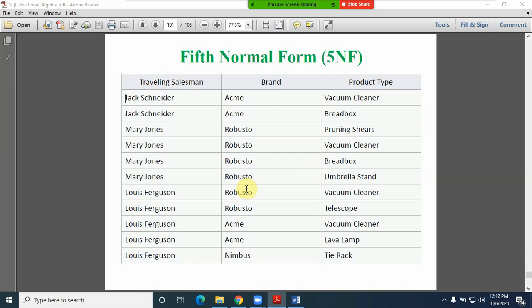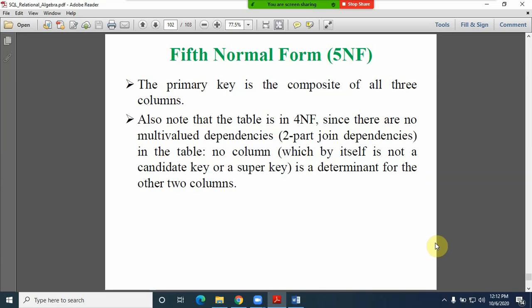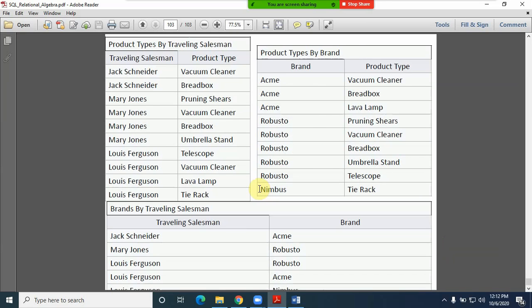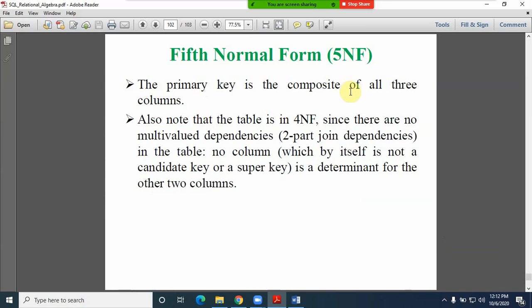All these three are the primary key, not single or not multiple, but all the three attributes, whichever attributes I am having, all those particular three attributes are nothing but the primary key. Now the primary key is the composition of all three columns.